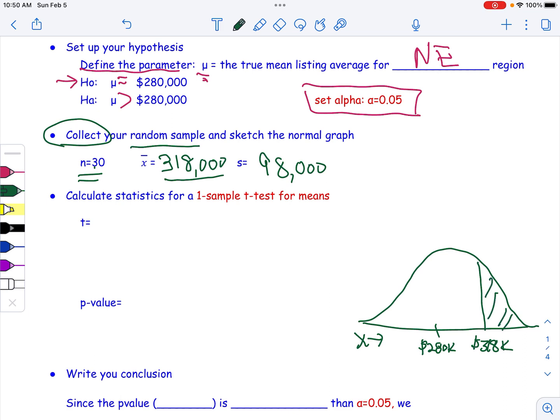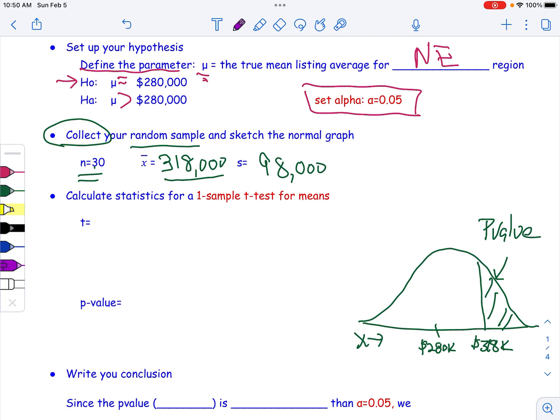And this area right here is the p-value. If we get a small p-value, we're going to reject the null hypothesis. And if we get a big p-value, we're going to fail to reject the null hypothesis.